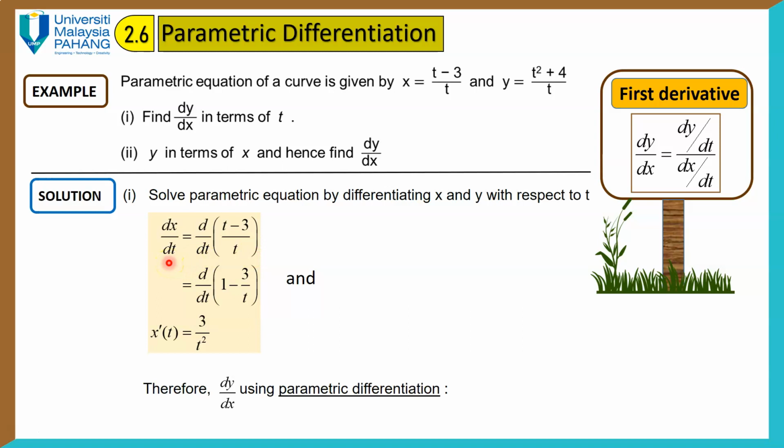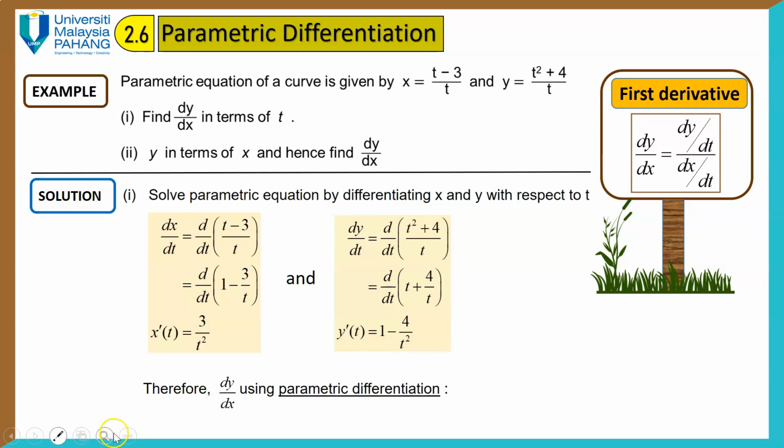If you differentiate x with respect to t, you can simplify and it will give you 3 over t squared. To find y prime of t, you differentiate y with respect to t, and you will get this solution.